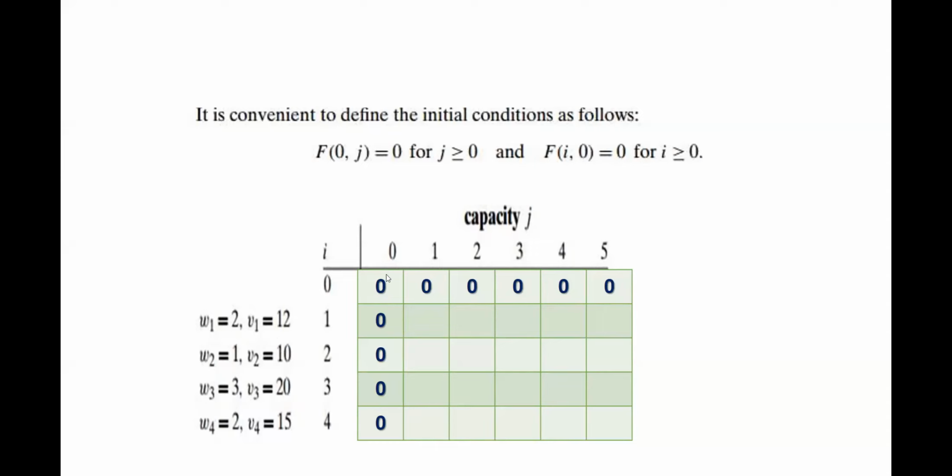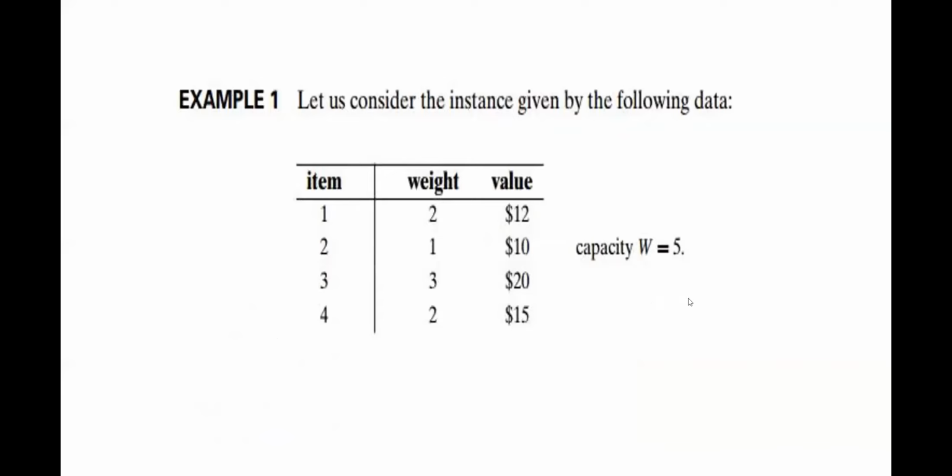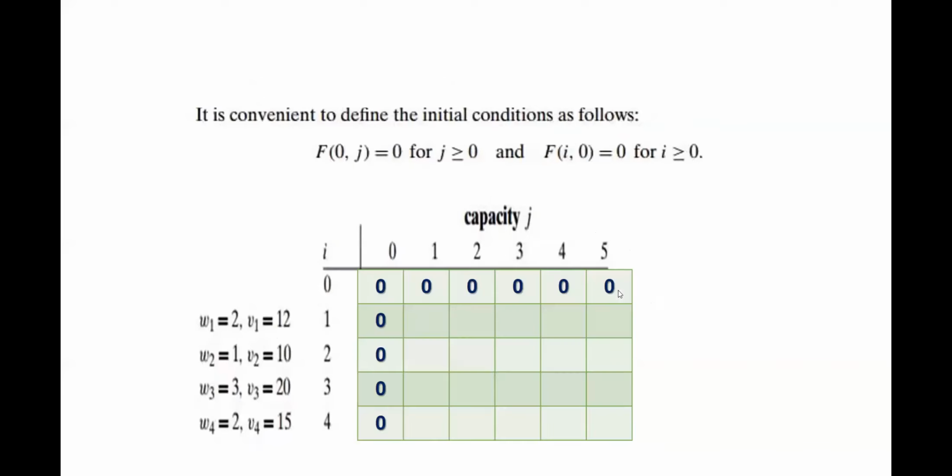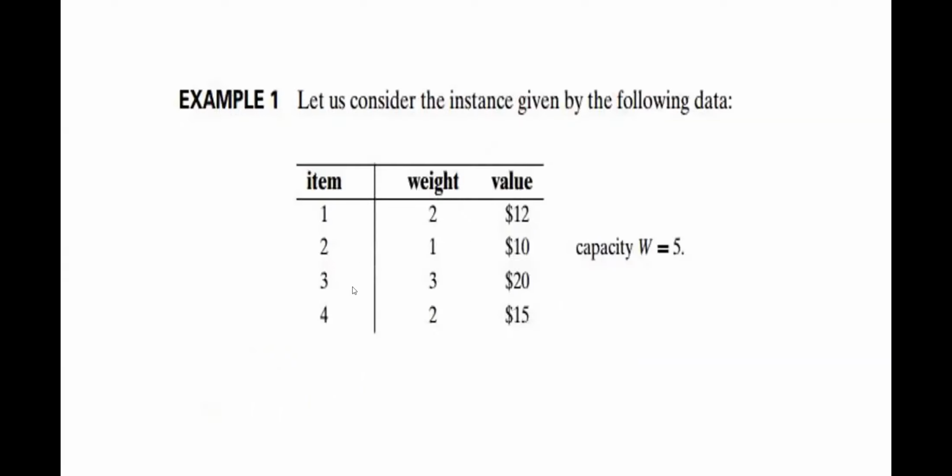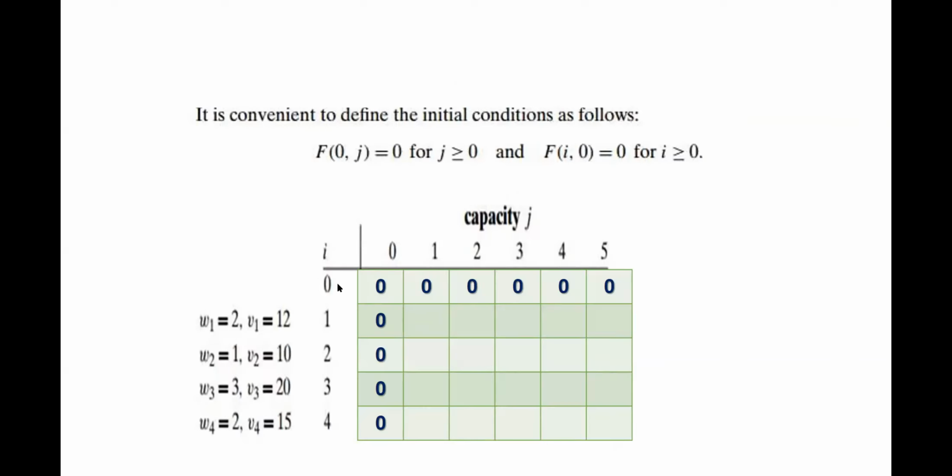What must the size of the matrix be? The capacity of the knapsack is 5, so the number of columns must be 0 to 5, that is 5 plus 1, including 0. How many rows? How many objects are there? Four items, so 0 to 4, that is 4 plus 1.